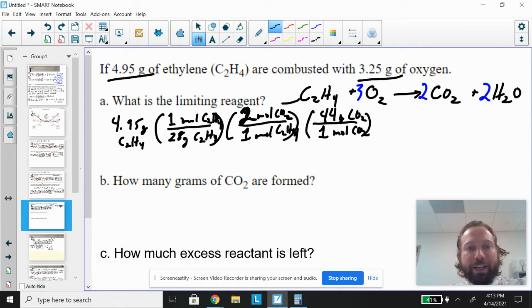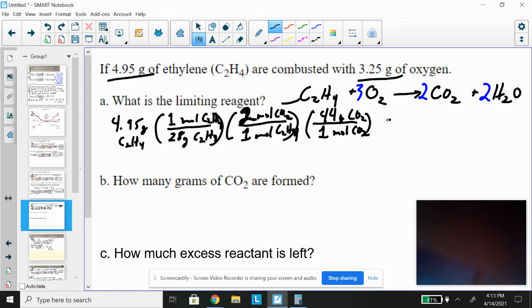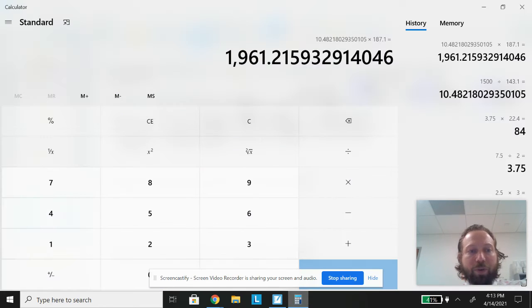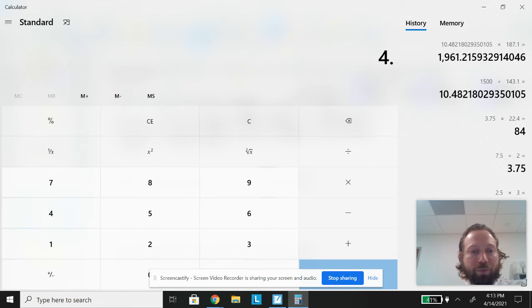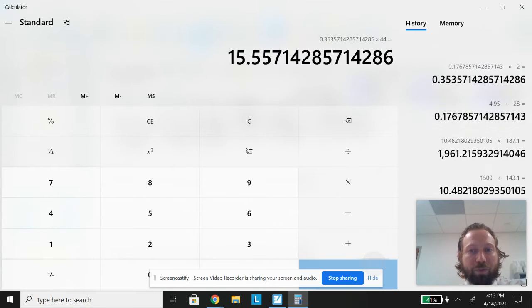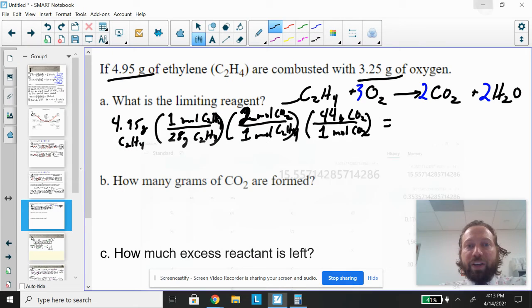They look good, they're canceling out. I'm left with grams, so I'm going to solve for this. 4.95 divided by 28 times 2 times 44 gives about 15.6 grams.